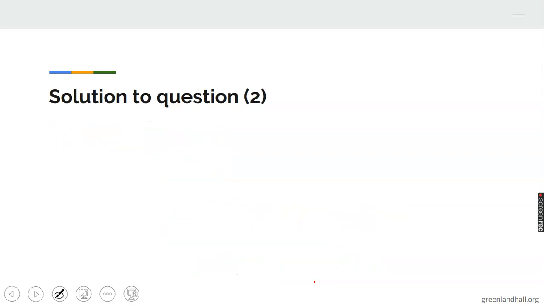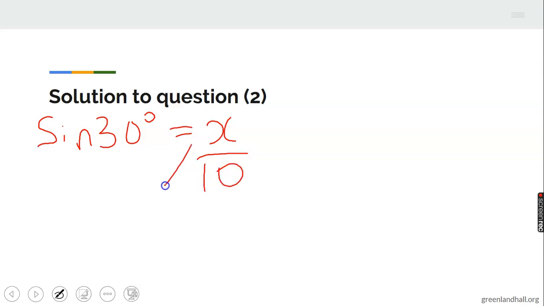Now, question 2, we have to find x. So where the angle is facing is the opposite side and we have the hypotenuse. That is sine 30 degrees equals opposite, which is x, over hypotenuse, which is 10.